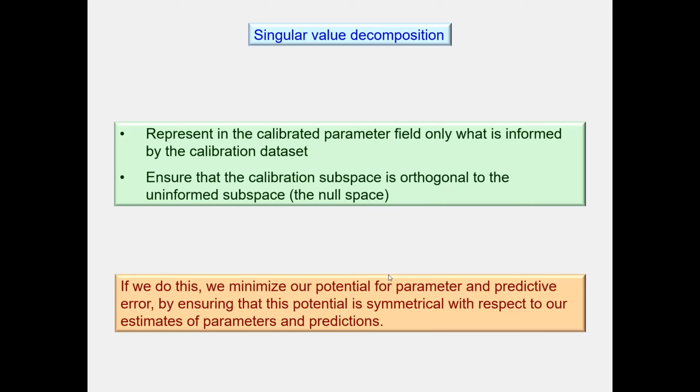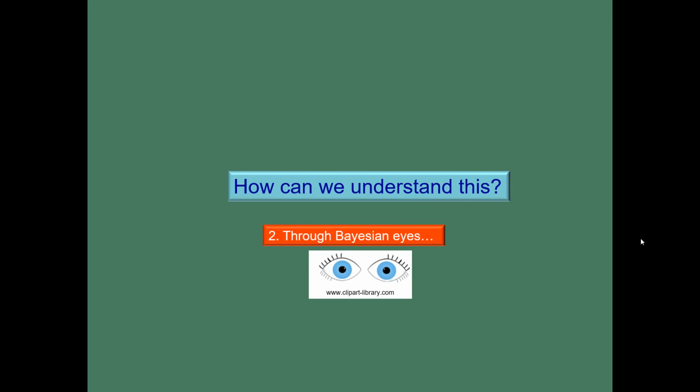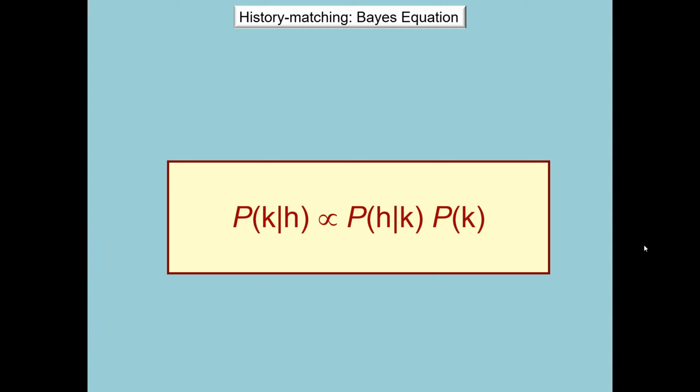Another way to look at this process is through the eyes of Bayes' equation. And Bayes' equation is really the last word on history matching. Bayes' equation says that we start off with a prior probability distribution of parameters. This is our expert knowledge at work, supplemented maybe with some direct measurements of hydraulic properties.